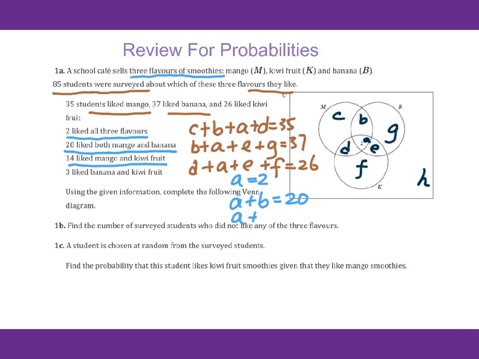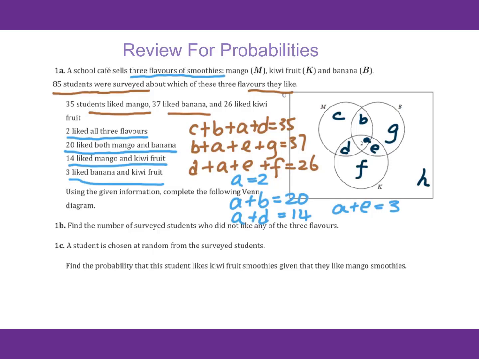So A plus D equals 14. 3 liked banana and kiwi fruit. That means A plus E equals 3.